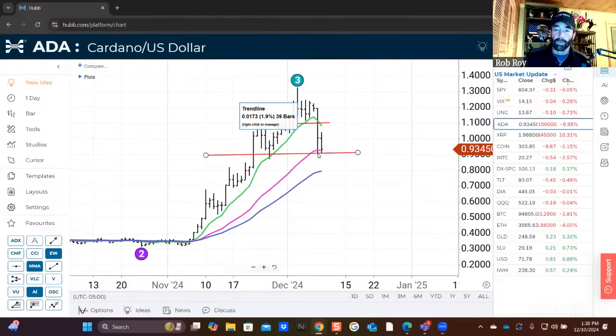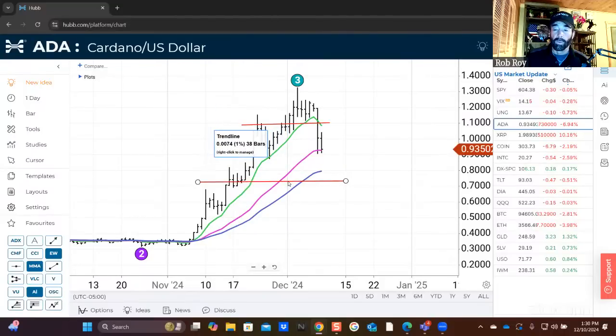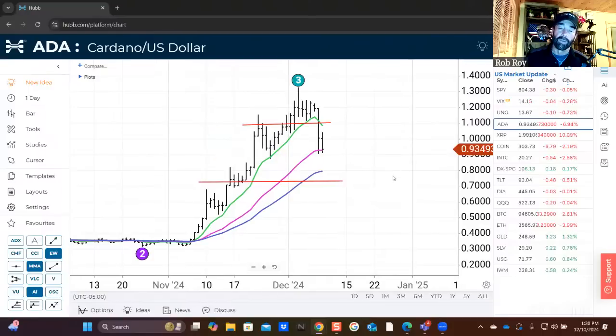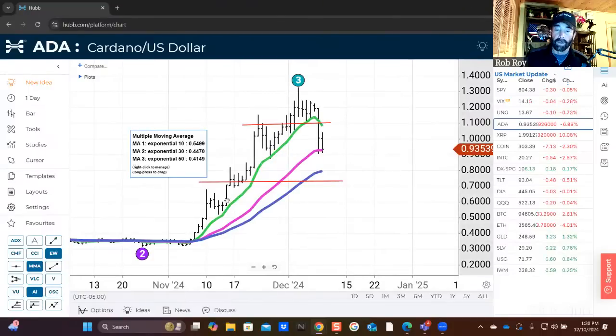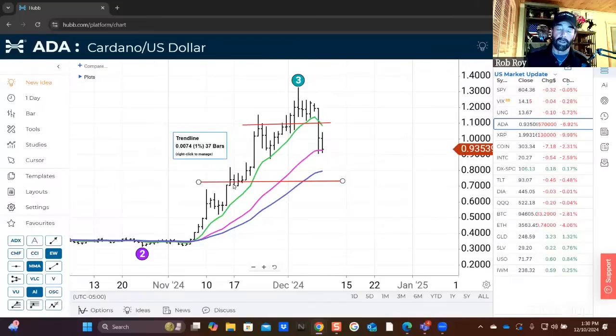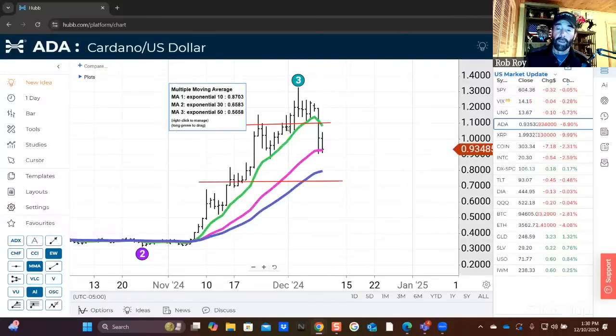Again, also coincidentally, right where the 30-day moving average is. There is a possibility, though, that doesn't hold, and we come down and we do have some congestion right through this area, but that's down around 75 cents. So we consolidated there at 60. We moved up. We consolidated again around 75, and then we took off and went all the way to $1.30.